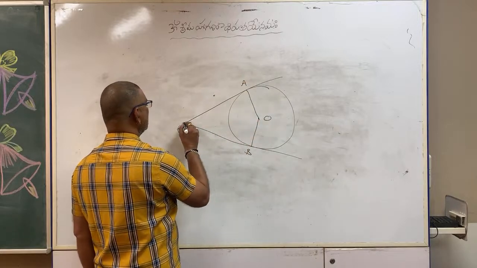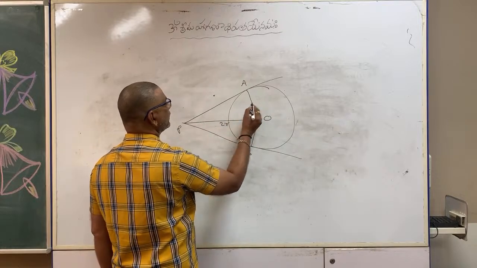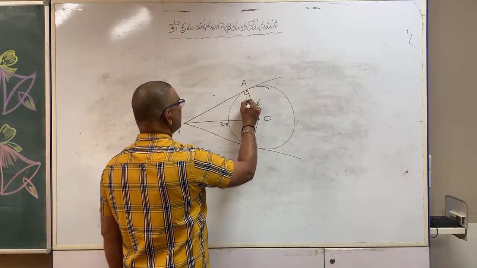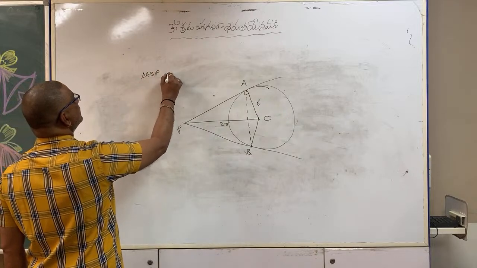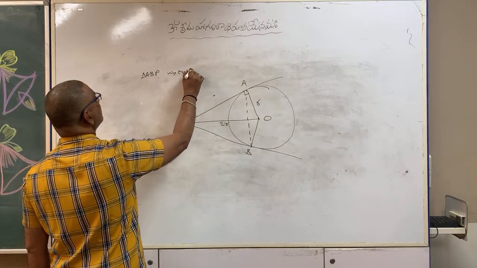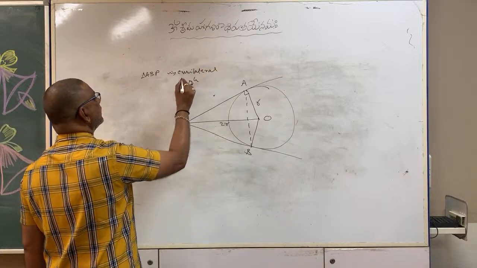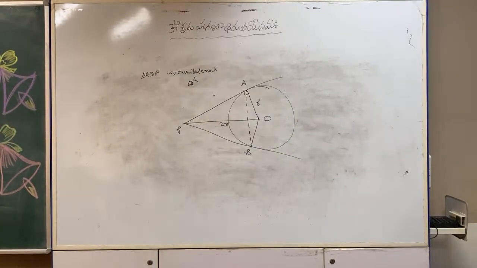This is given as R and this is R. We need to prove triangle ABP is an equilateral triangle. How to do this? OP is equal to the diameter of the circle.